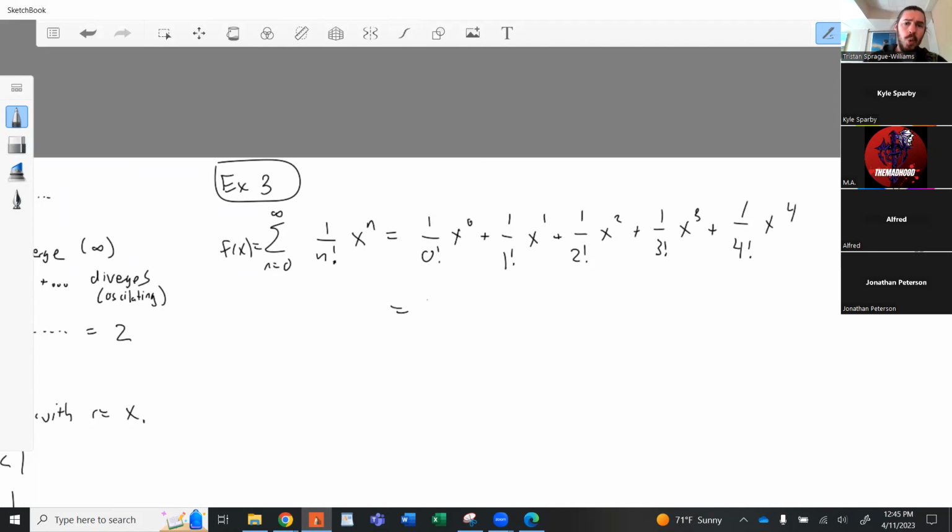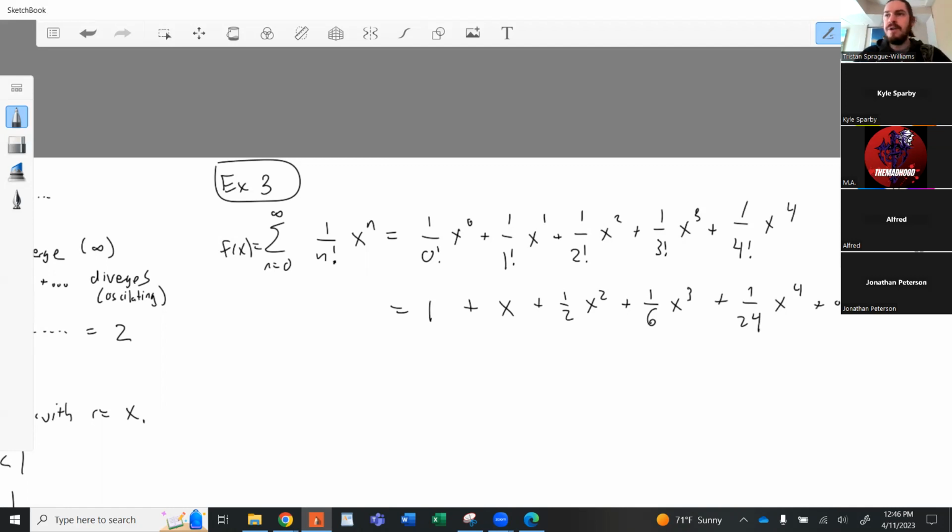So this is 1 plus x plus a half x squared plus a 6th x cubed, because 3 factorial is 6, and 4 factorial is 6 times 4, 24. So 1 over 24 x to the 4th, and so on. Okay, so that's that power series.